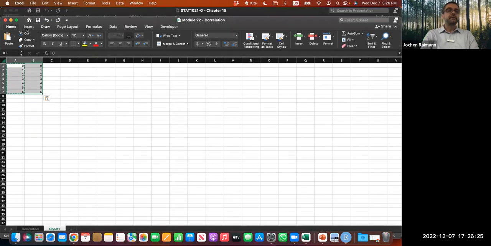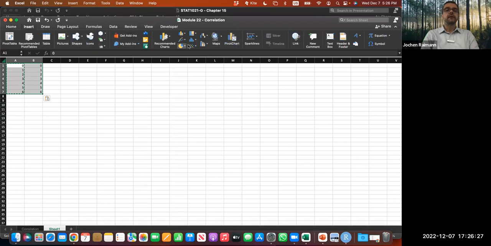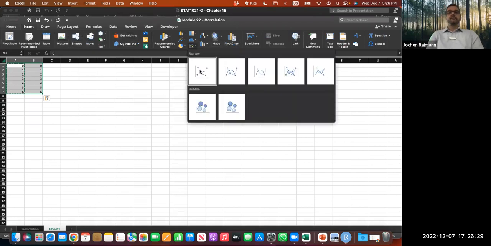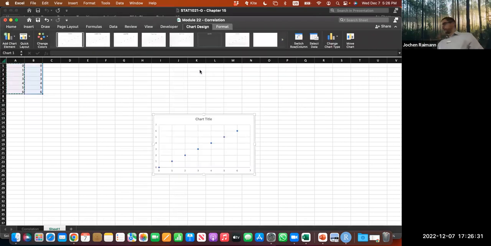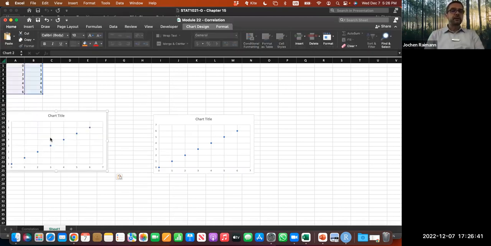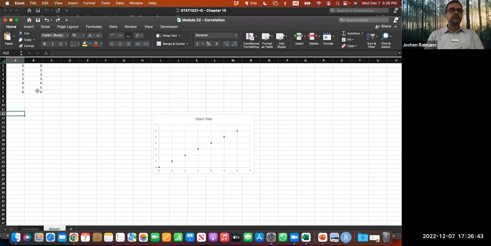You want increases in your scatter plot. This is your perfect correlation. And not this, because that would be no correlation. This would basically be your null hypothesis.